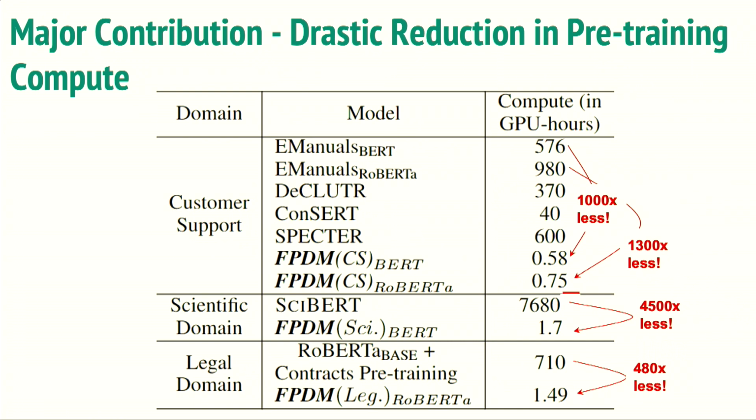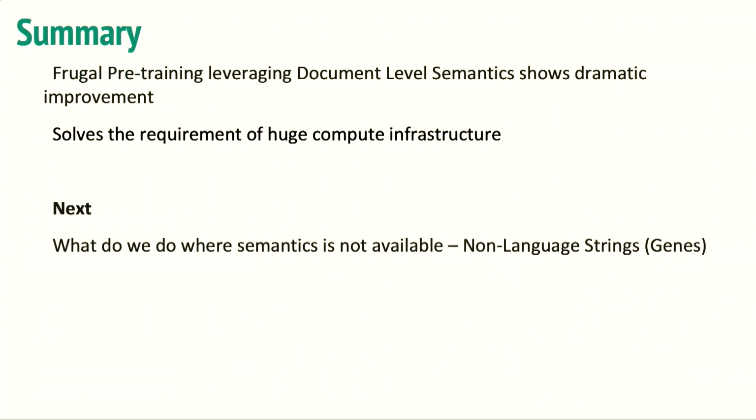The same thing which we would have tediously learned from every sentence, here through just the sort of comparisons, we are actually learning 1,000 times faster. Okay, so this is a frugal sort of pre-training which leverages document-level semantics and shows dramatic improvement, and it may solve the requirement of huge compute, which is one of the problems of pre-training models.